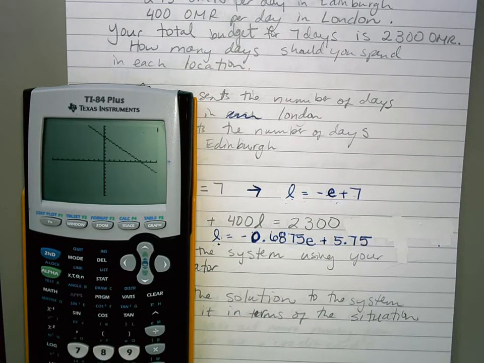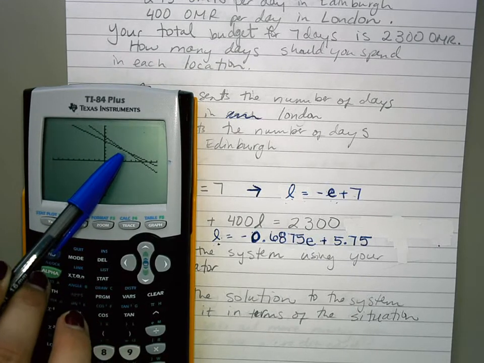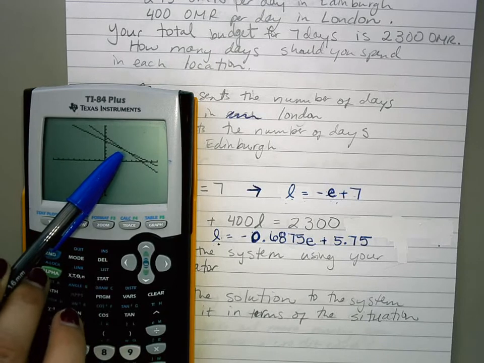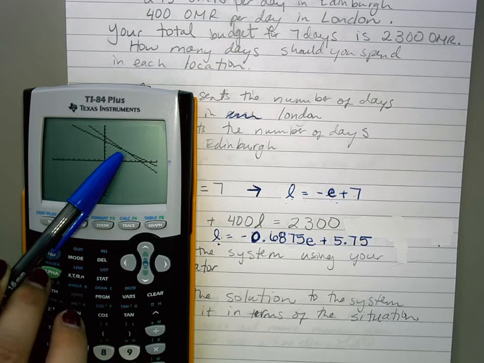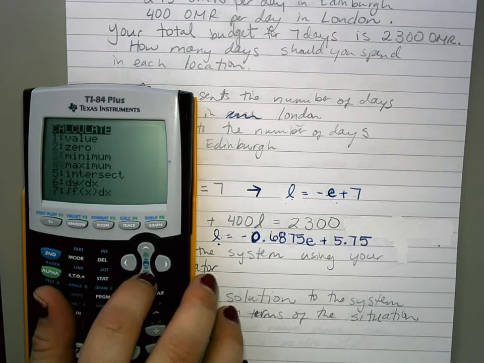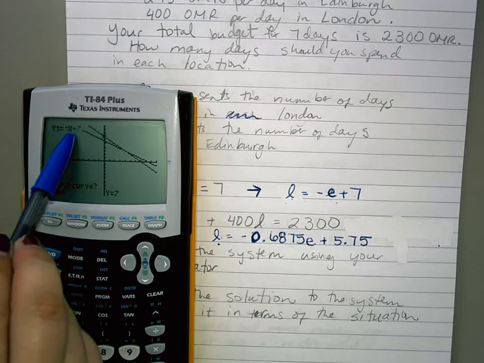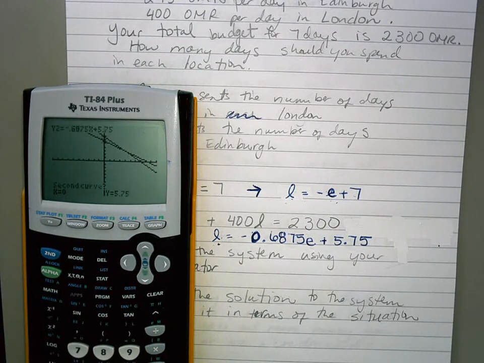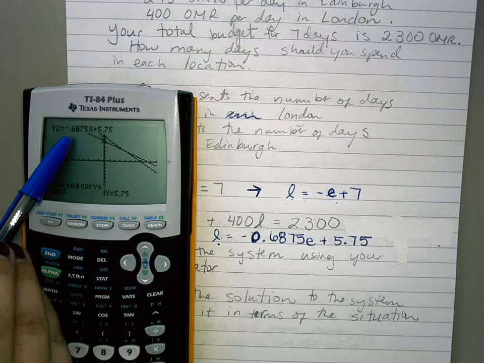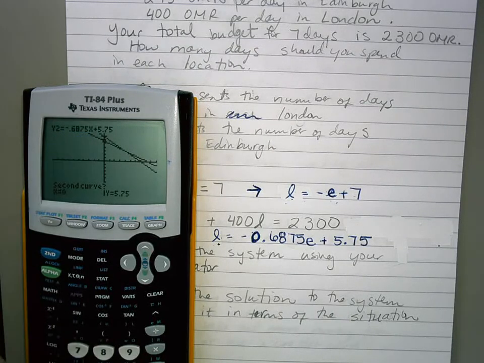And you can see here that we have the graph and we have the intersect on the window, and so we will be able to solve for this using second trace, intersect. First curve is negative x plus 7, yes, and the second curve is negative 6,875 10,000ths x plus 5 and 75 hundredths, yes.